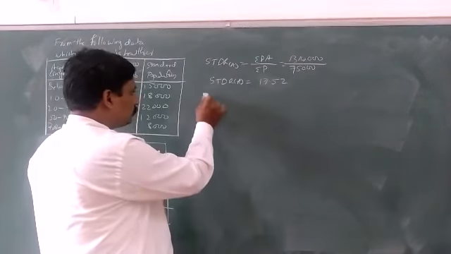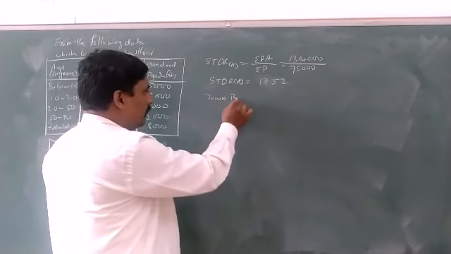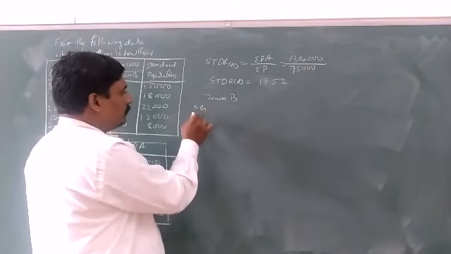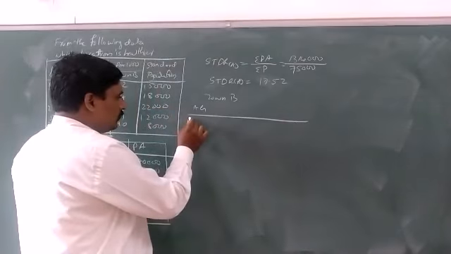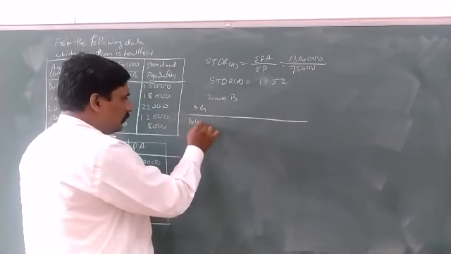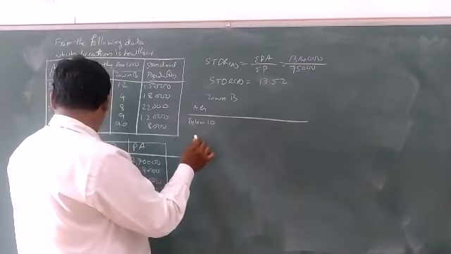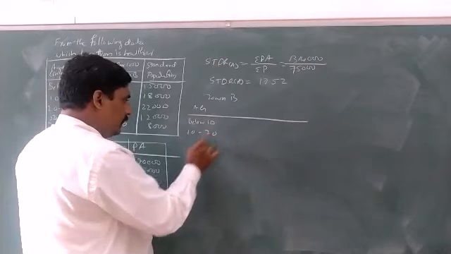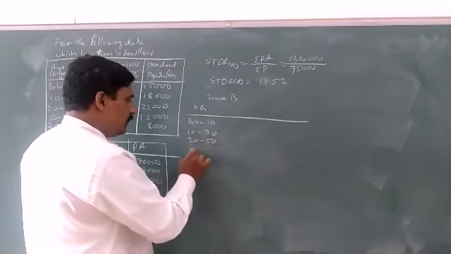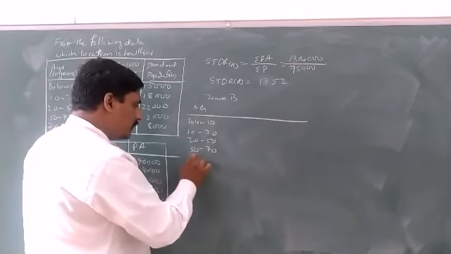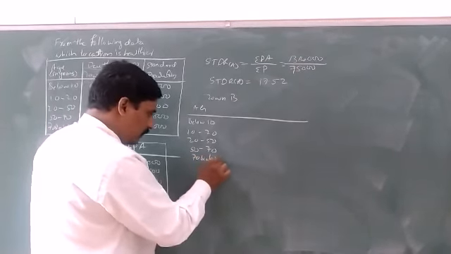So here, town B, age group: below 10, 10 to 20, 20 to 50, 50 to 70, 70 and up.